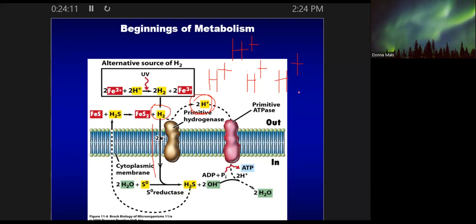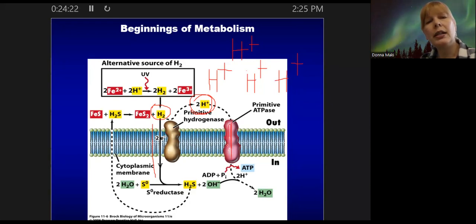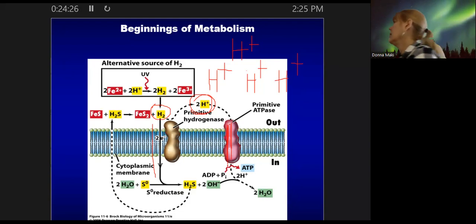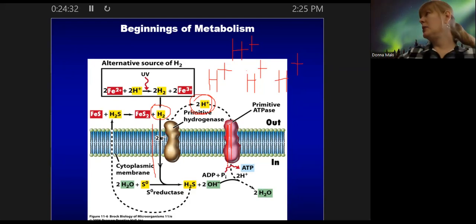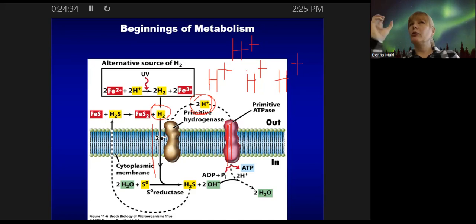So they use the primitive ATPase to do that. They're trying to show that these protons are coming through the ATPase. And as those protons are flowing through the ATPase, it actually creates a torque force.